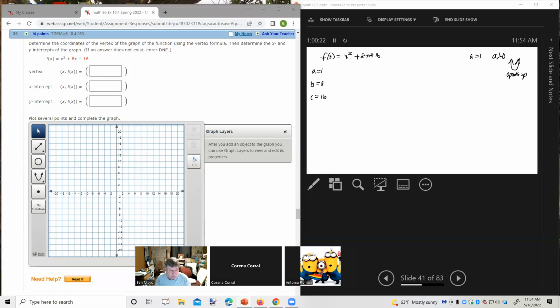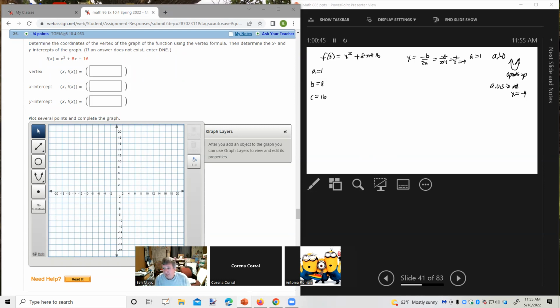When we get all done, it better open up. The axis of symmetry is at x equals -b over 2a, which is -8 over 2 times 1, which is -4. So the axis of symmetry is at x equals -4.